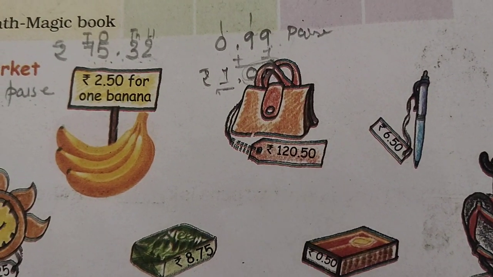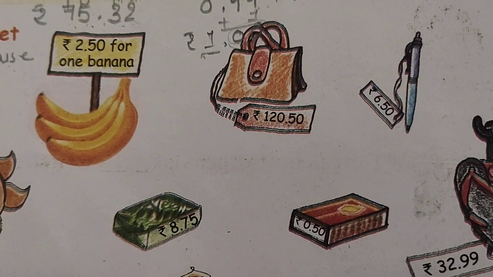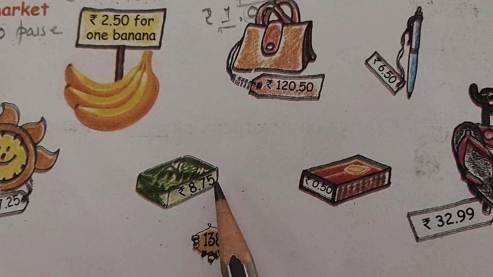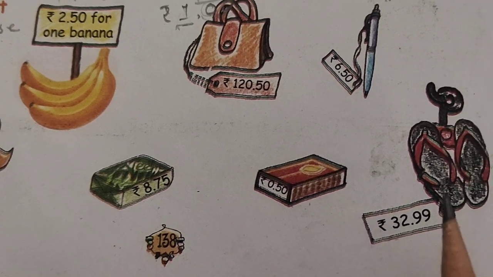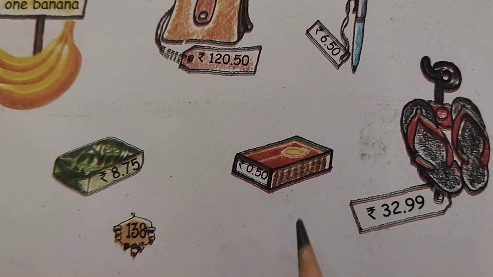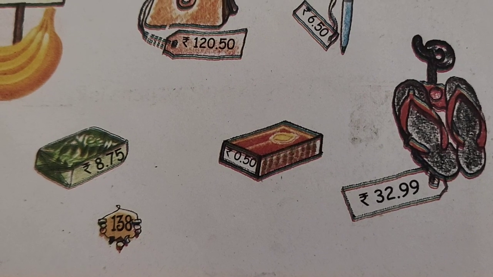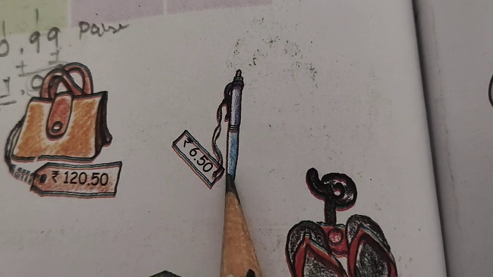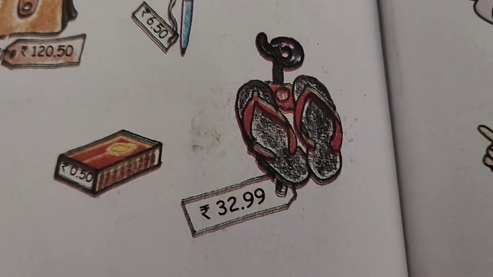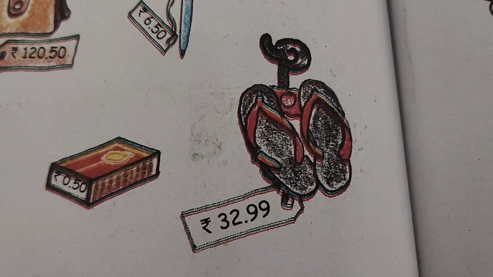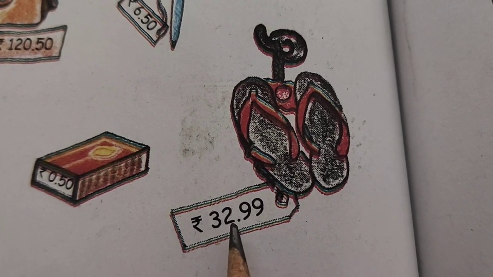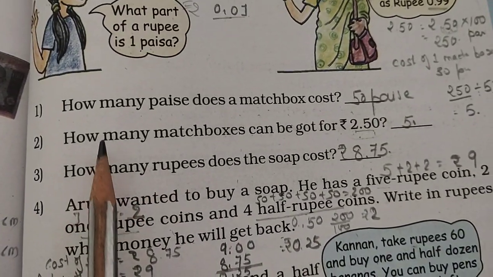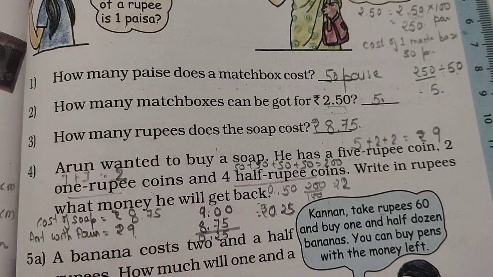Purse, rupees 120.50. Soap, rupees 8.75. Matchbox, rupees 0.50, 50 paisa. Pen, 6 rupees 50 paisa, and slippers, rupees 32.99.